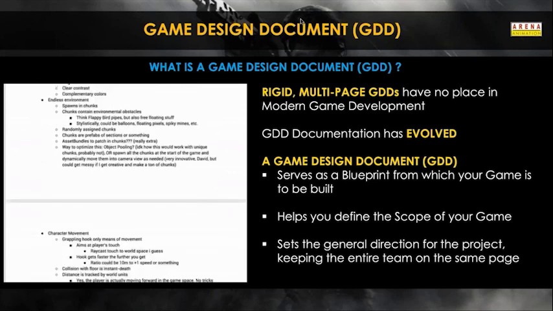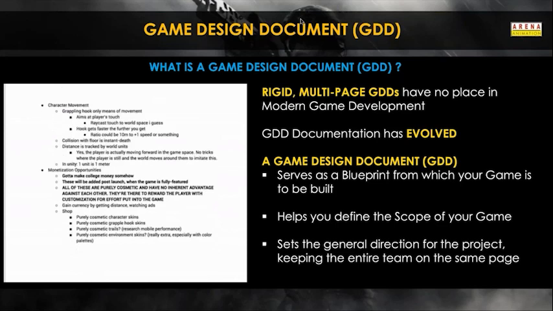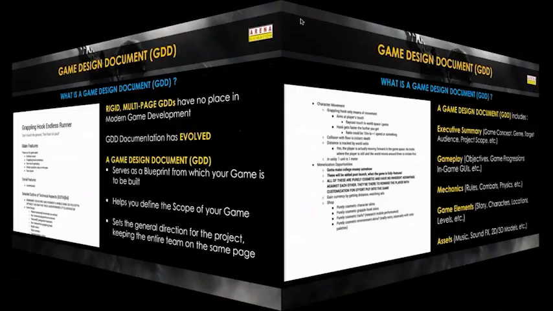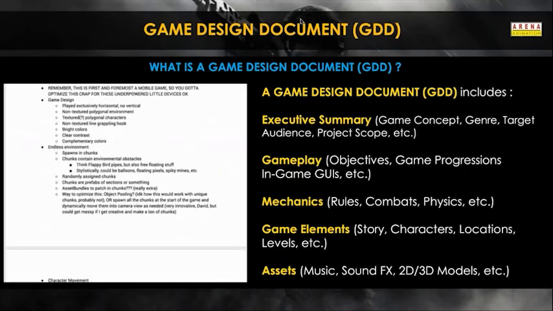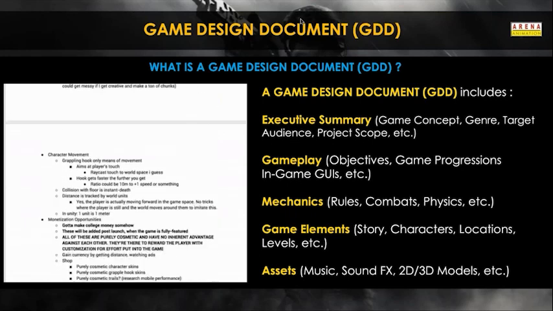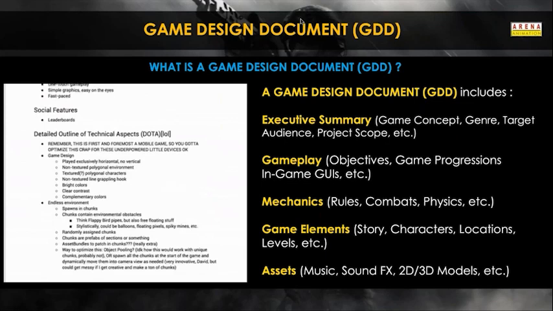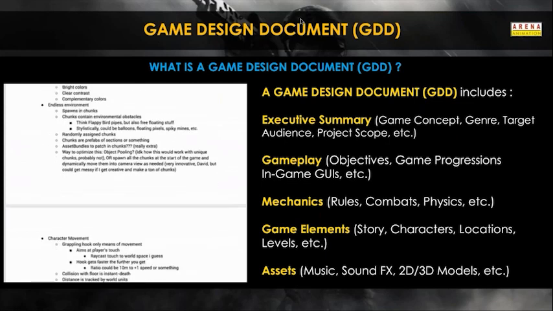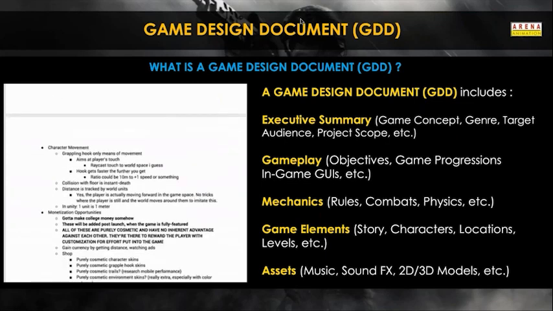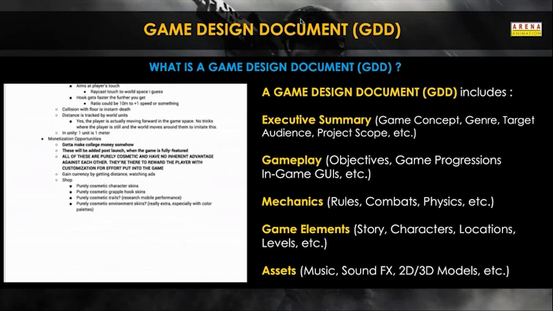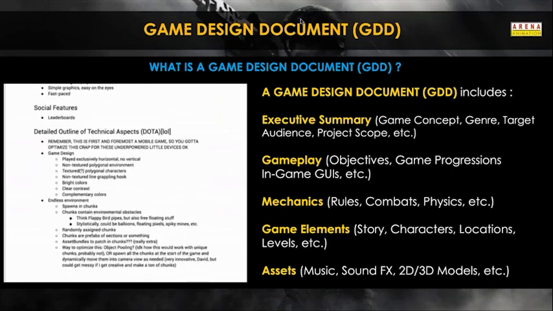So a game design document includes a few things. It includes an executive summary, which is the game concept, what genre this game is all about, the target audience, and the project scope.